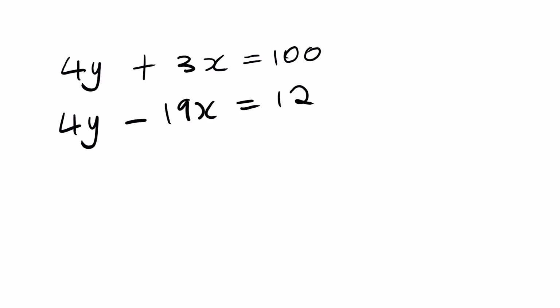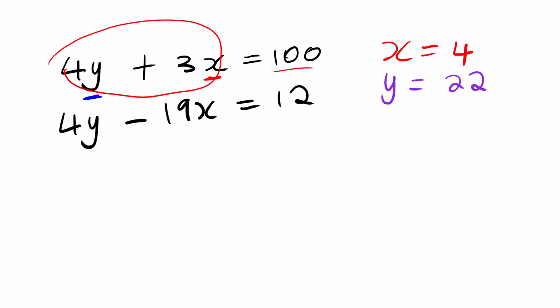And then our calculated solutions, x equals 4, y equals 22. Now what we are going to do, we can choose any equation from the two. Where we see y, we substitute by our solution. Where we see x, we substitute by our solution. And then this side must equal 100. Whenever you punch what you have on this side after substituting, your answer should be 100.